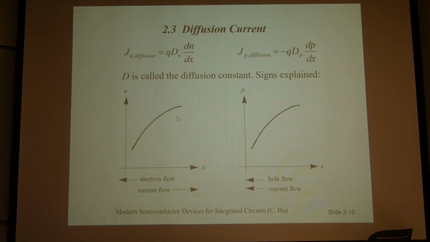And then we can define the diffusion current, because this kind of electron or hole flow will also contribute to your current. And then we can define the current density. That is the current across the unit area. So the diffusion current density is defined this way.